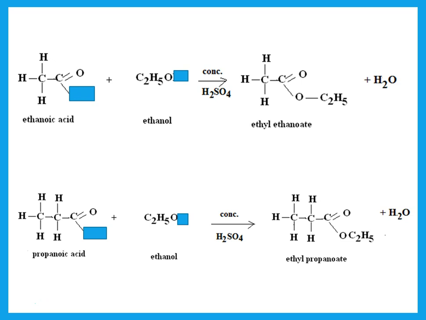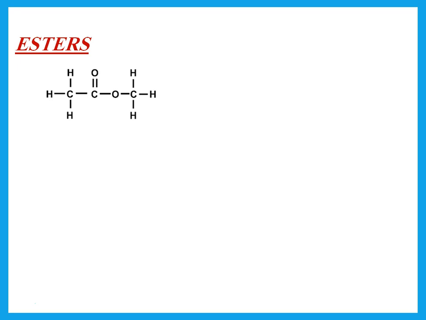The product started from alcohol. Can you see which part is alcohol? It's the part OC2H5 in the product. That was ethanol, so the name must start with ethyl something. What was the name of the acid? Propanoic acid. So my product is ethyl propanoate. Are we following?